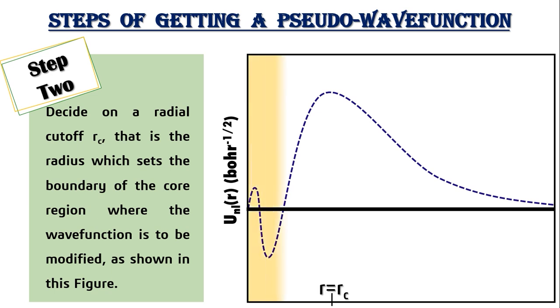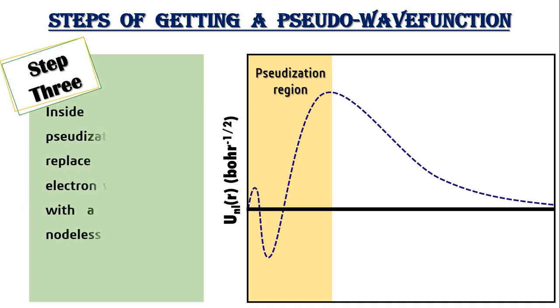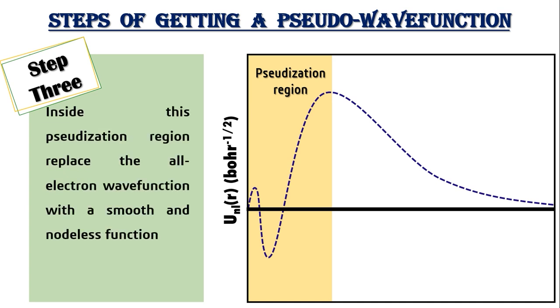That is the radius which sets the boundary of the core region where the wave function is to be modified. As shown in this figure, we'll call the interval 0 < r < RC the pseudization region. Step 3, inside this pseudization region, replace the all-electron wave function by a smooth and nodeless function, for example, a simple polynomial.